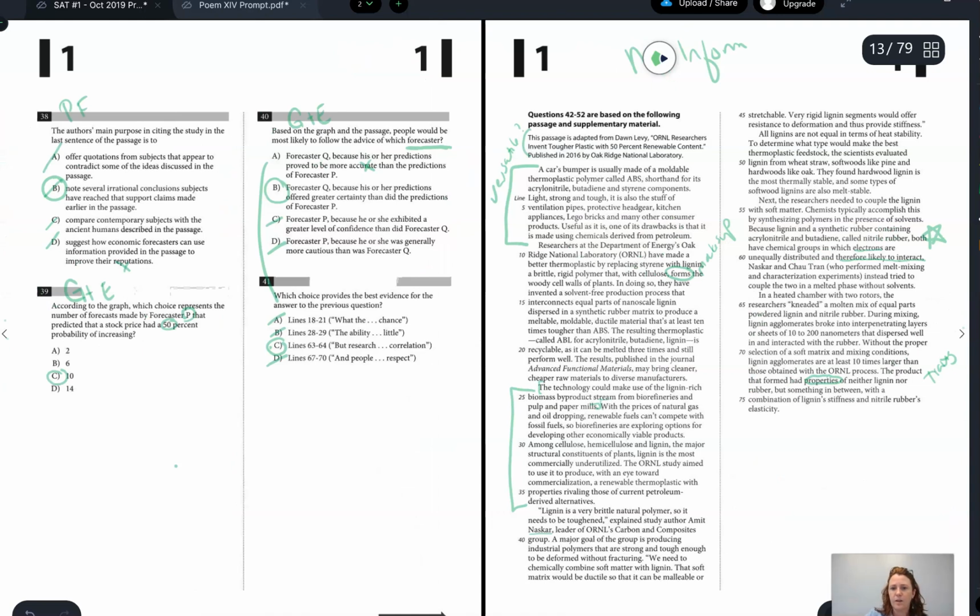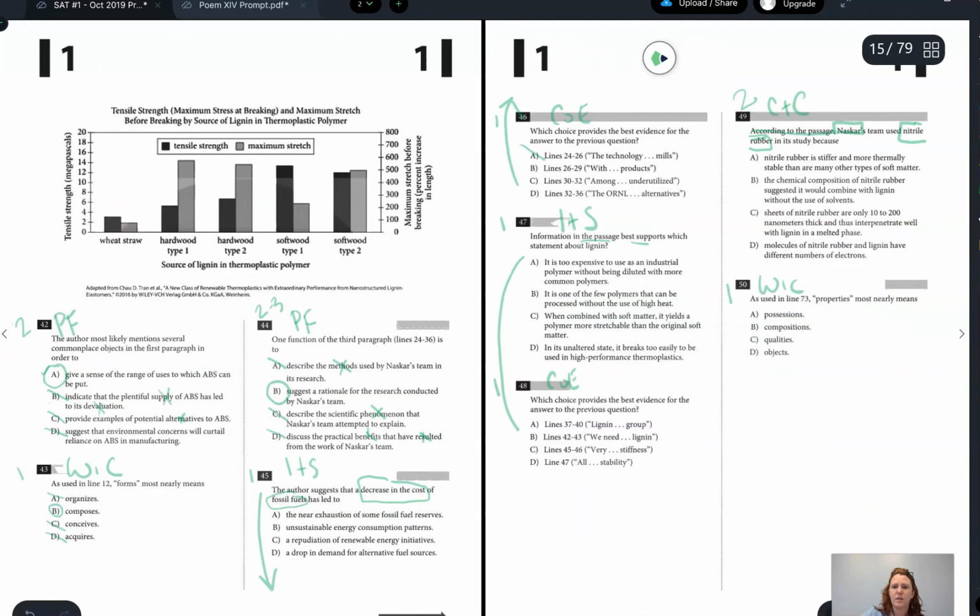So starting here and ending here. With the price of natural gas and oil dropping, renewable fuels can't compete with fossil fuels. Okay, so we have fossil fuels and we have prices dropping. So biorefineries are exploring options for developing other economically viable products. So that covers all of our bases, fossil fuels and prices dropping. So that could be a good option. So let's save that one. C, 30 through 32.